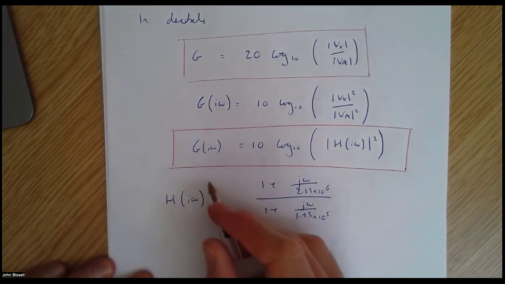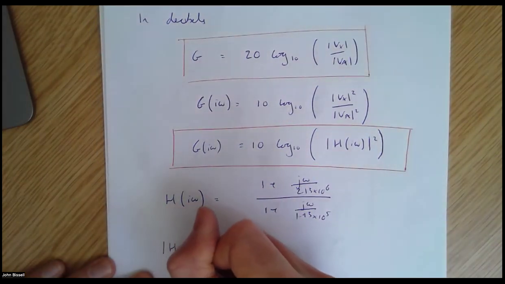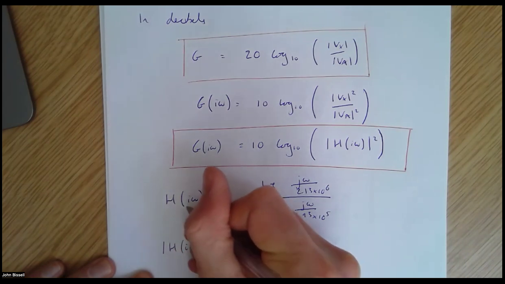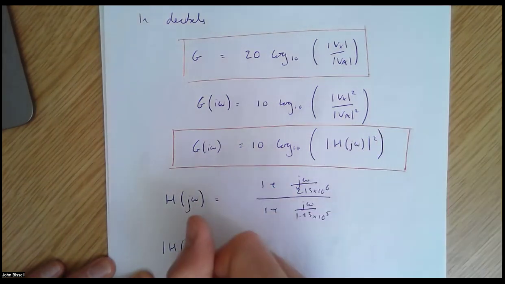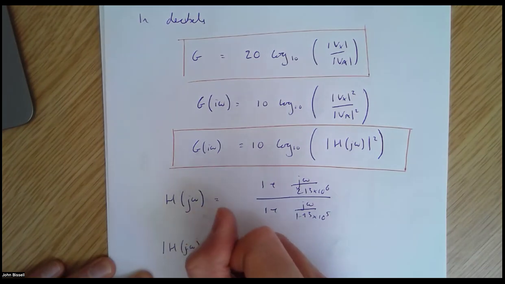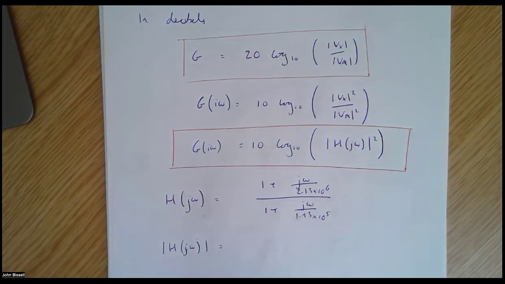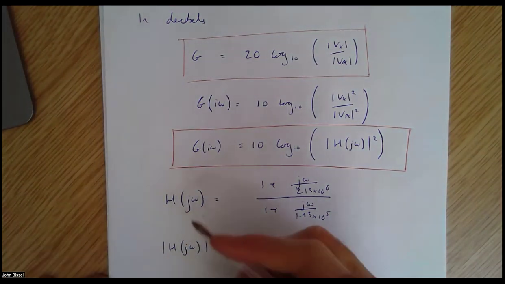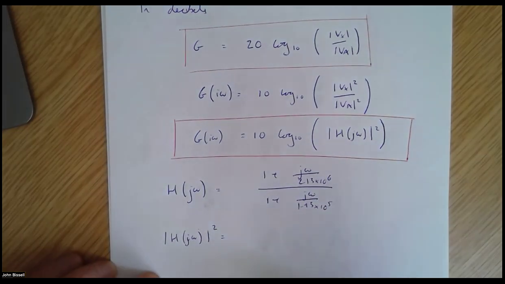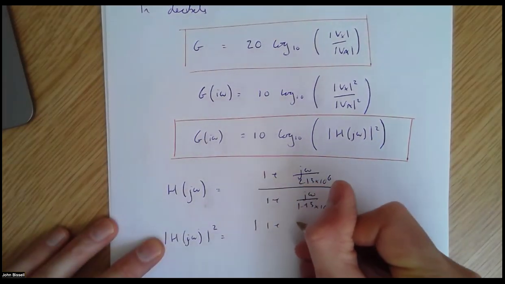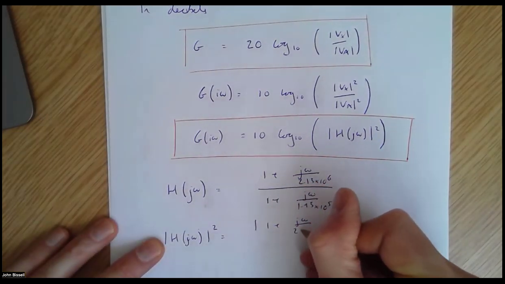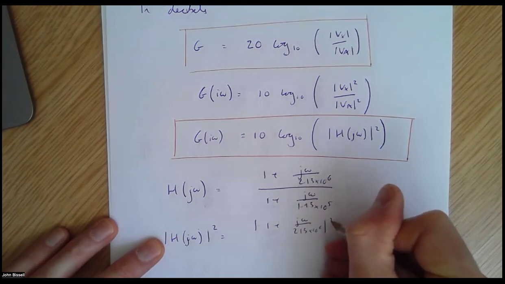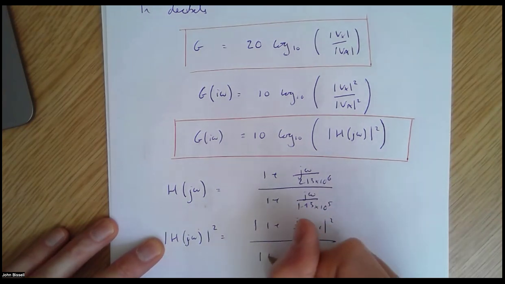So the magnitude, sorry, I need to put j's, don't I? The square of the magnitude of that is the square of the magnitude of the top over the square of the magnitude of the bottom.